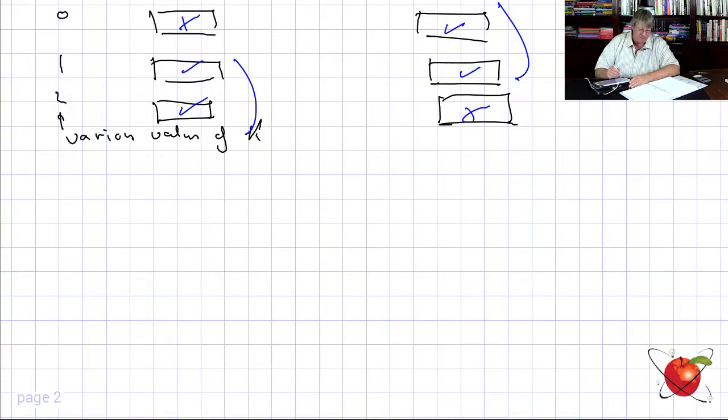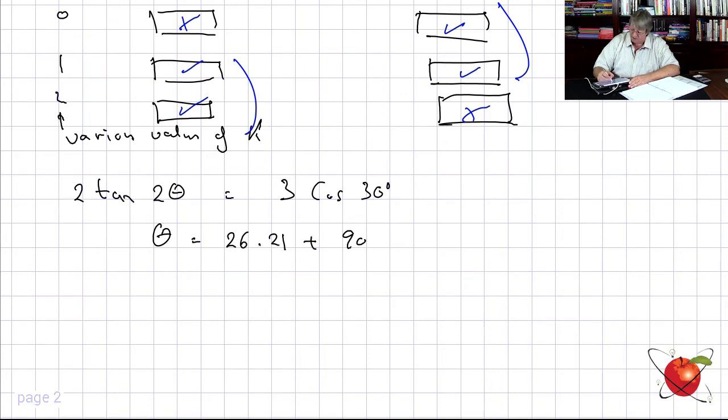Find the specific solution for this. 2 tan 2 theta equals 3 cos of 30 degrees, okay? And we've previously done it, and we got an answer to it, right? Now, previously the answer we got was theta equal to 26.21 plus 90 k, k element of z, okay?